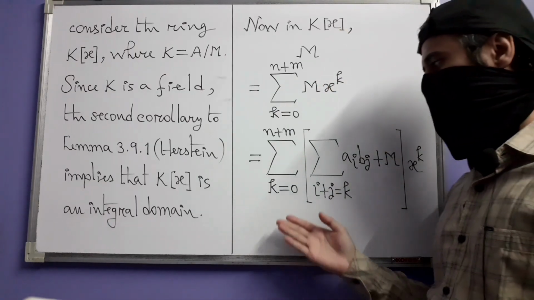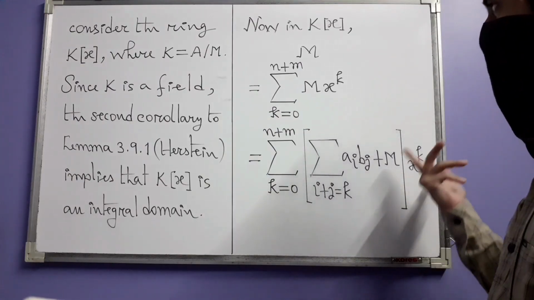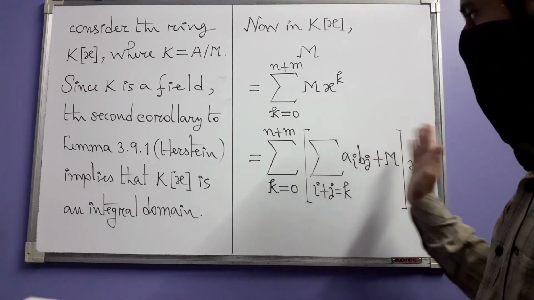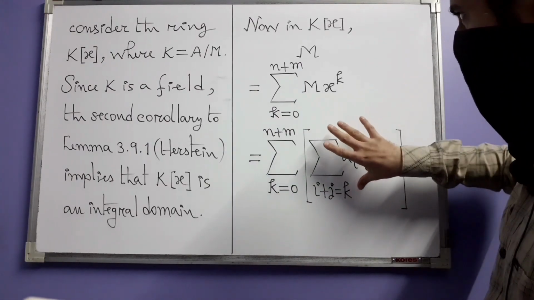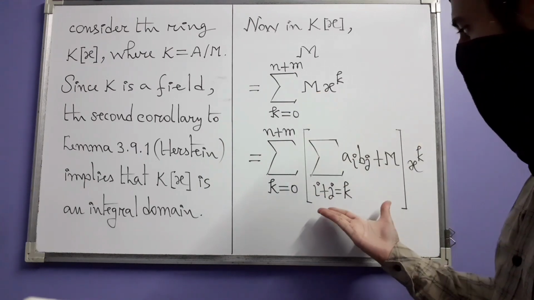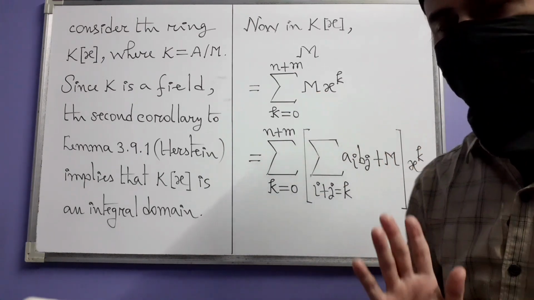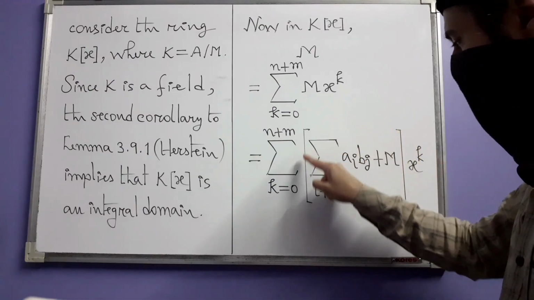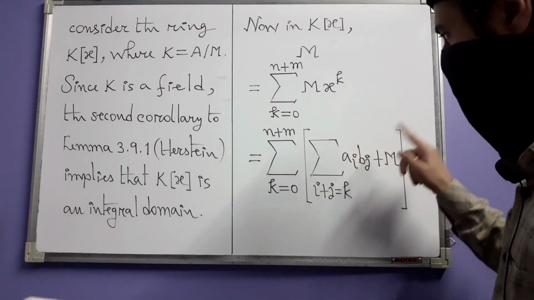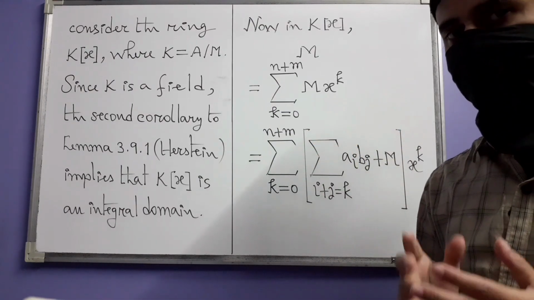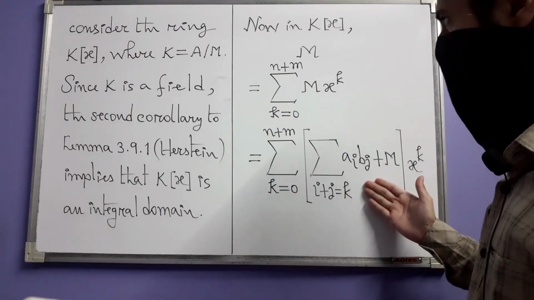Alright. Now next we write this as well, where we haven't really changed anything except that in place of m we are suddenly writing this plus m. First of all, what is the meaning of this thing inside the square brackets? It is a general element.